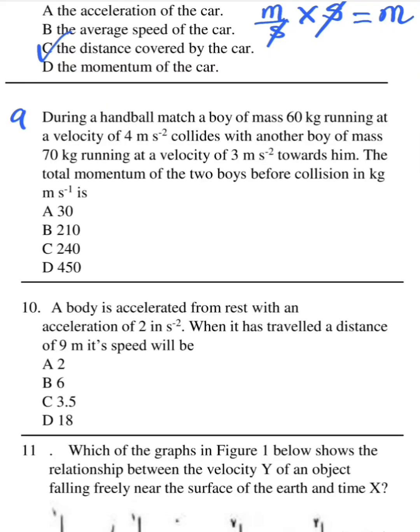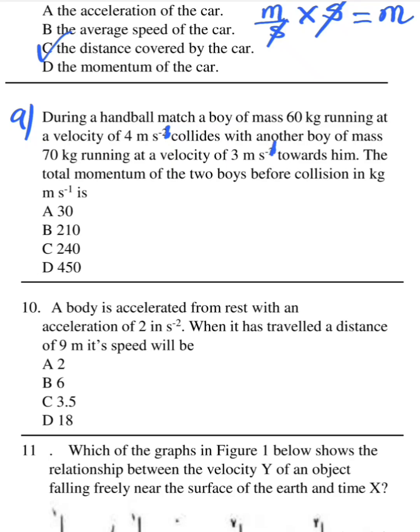In number 9, during a football match, a boy of mass 60 kilogram running at a velocity of 4 meter per second, it should be per second, not per second squared, collides with another boy of mass 70 kilogram running at a velocity of 3 meter per second towards him.